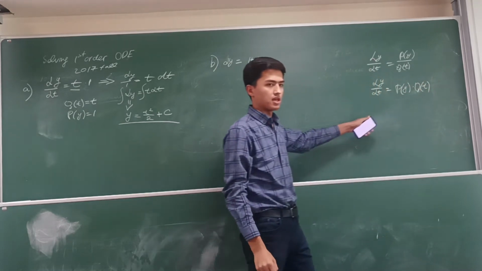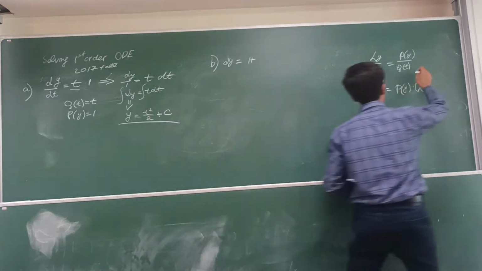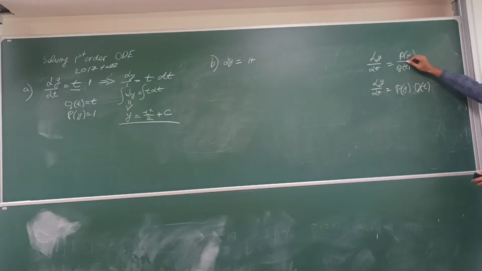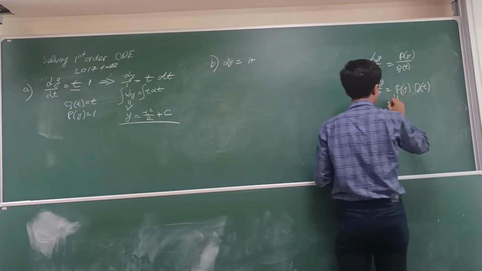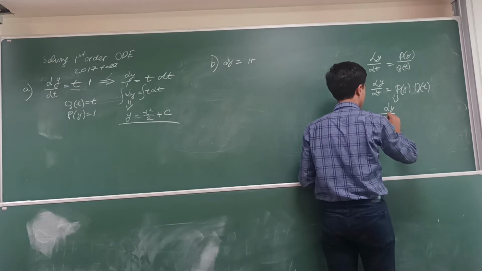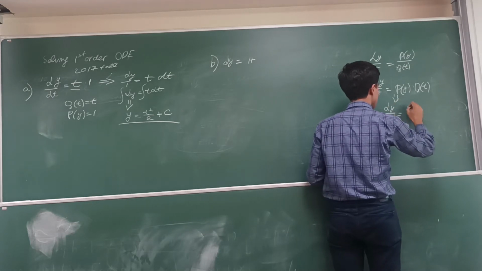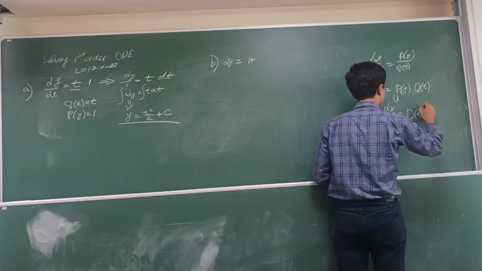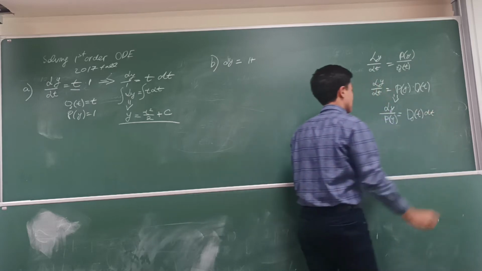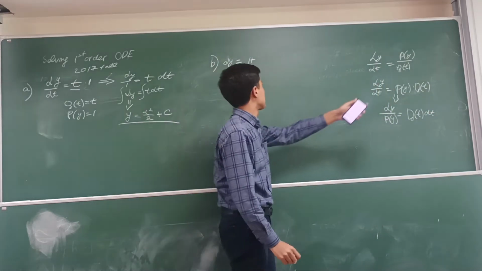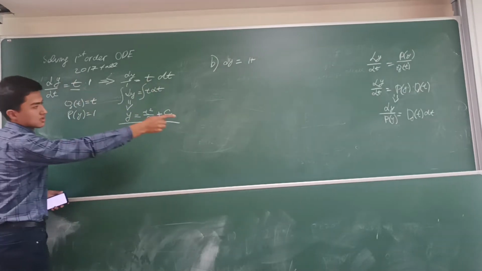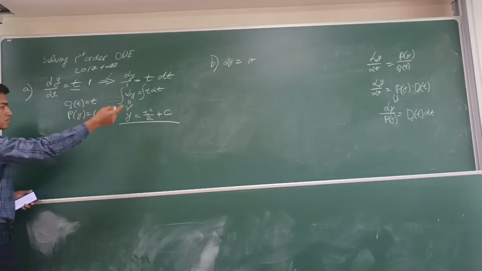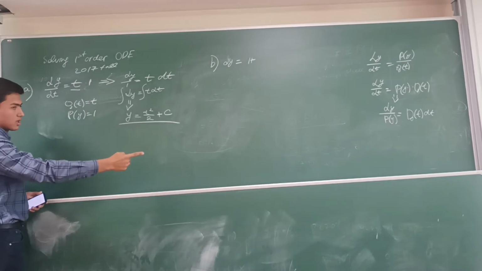The point is that it's not always a fraction; it can also be a multiplication. Then you move this here, and you will have dy over p(y) equals q(t) multiplied by dt. So second case: not always a fraction. Here there was multiplication. In this case, t is q(t), and as Amir pointed out, 1 is p(y).